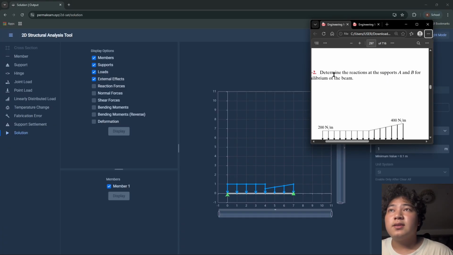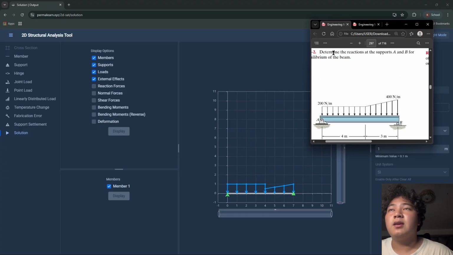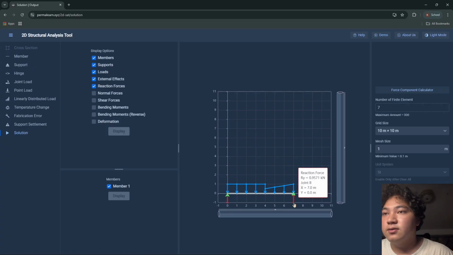For our exercise, they let us determine the reaction at the support A and B. So we can just click on the reaction forces and display them. After we display, you can see that there are two forces. One is our reaction force at A, 0.7 kilonewton, and this one is 0.9 kilonewton. And there you go, that's the answer.